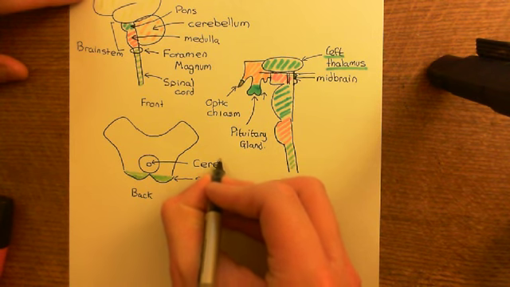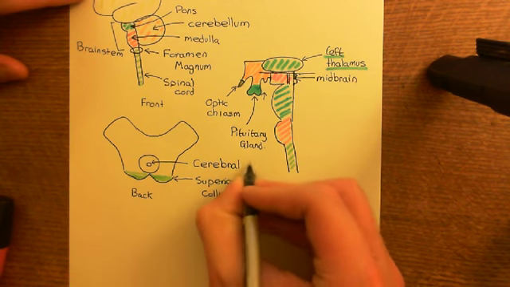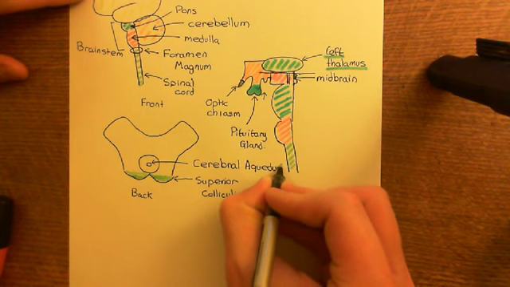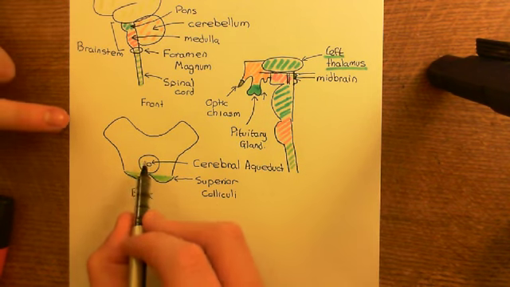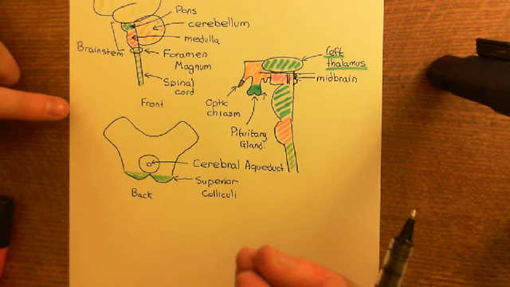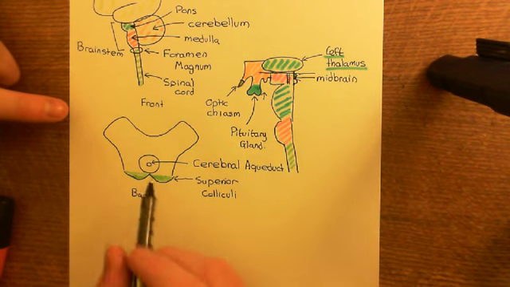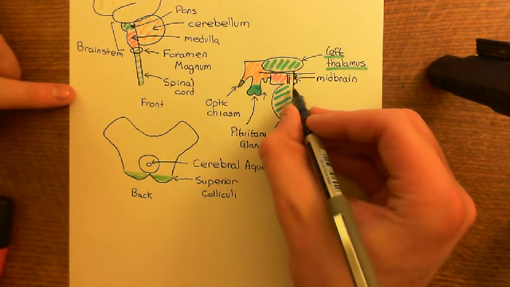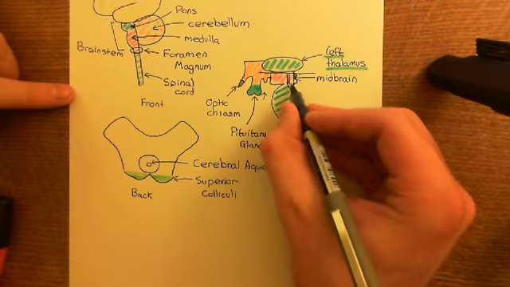We'll come back to this, because when we see the third ventricle later on, we will see that the cerebral aqueduct is in continuum with the third ventricle, and also with the fourth ventricle, which is going to be below here.